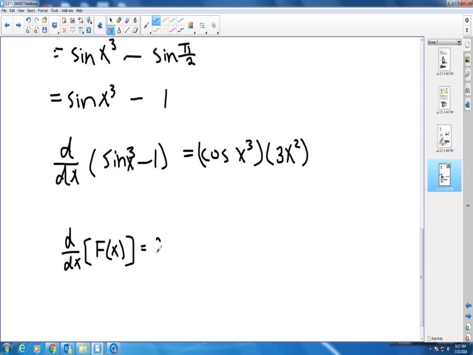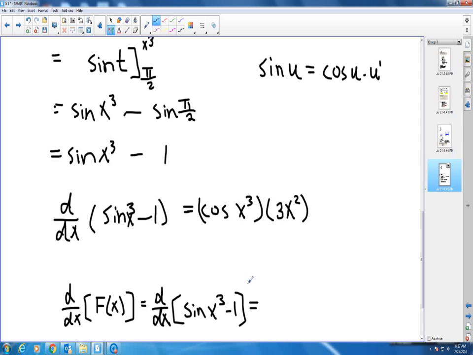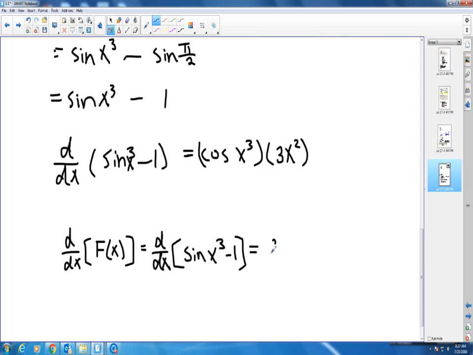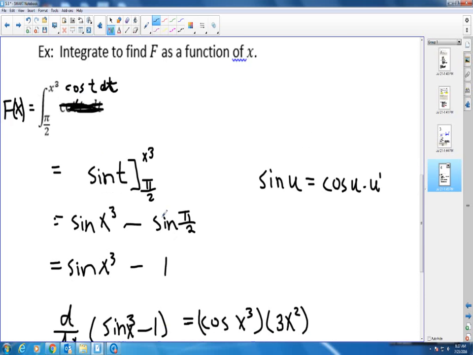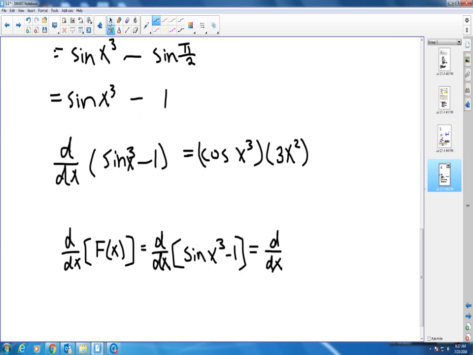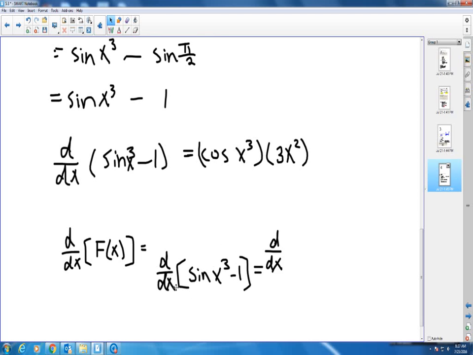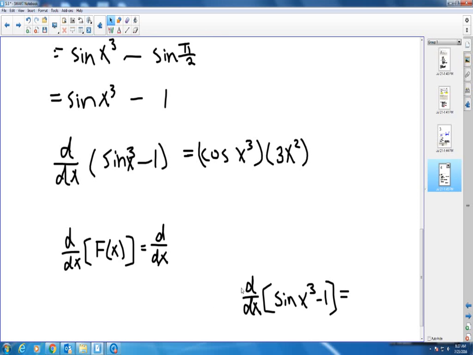My final answer for the antiderivative was sine of x to the third minus 1, which is equal to the derivative of that same integral. You know what? I'm going to do it this way.